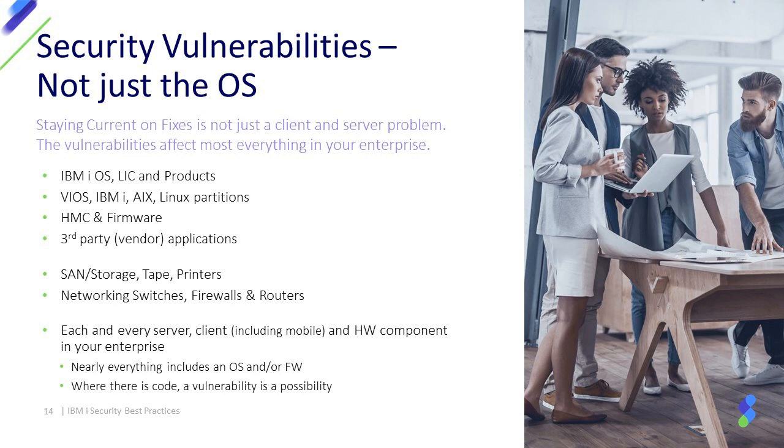If your job is IT administration, dealing with your servers and your environment, for Power Systems, here's a list of technology areas that need to stay current on the fixes.